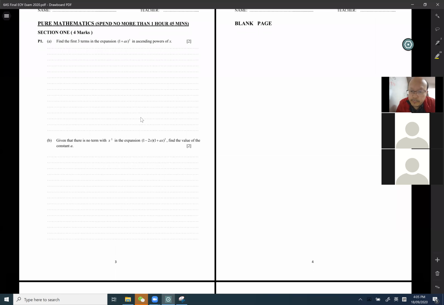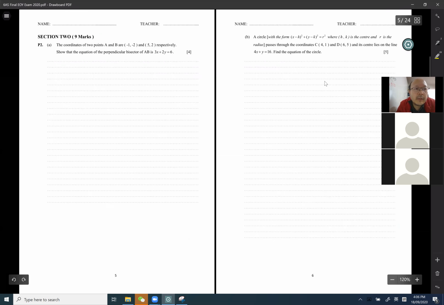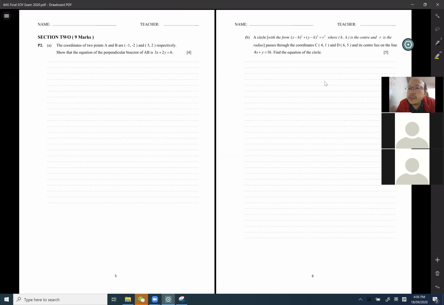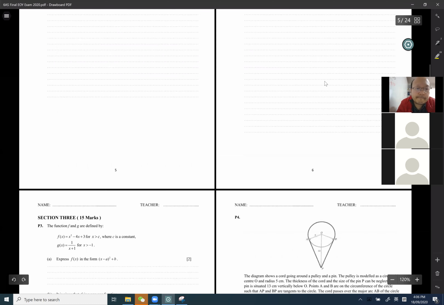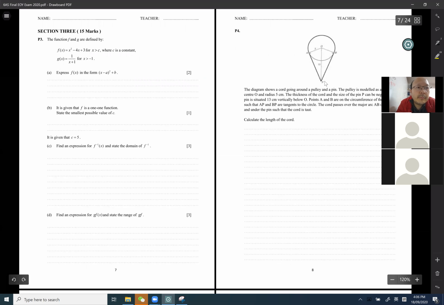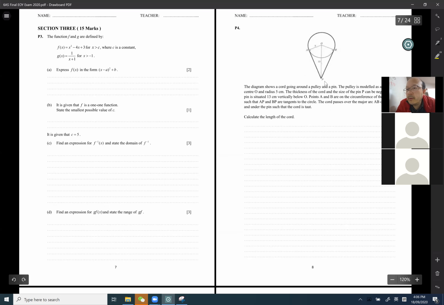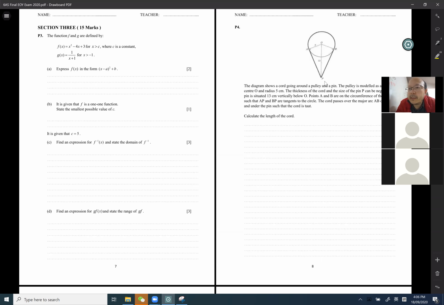The first one, binomial. Section 6, this is binomial expansion. This is coordinate geometry, this is circle. Section 3, function. P4, like a sector.